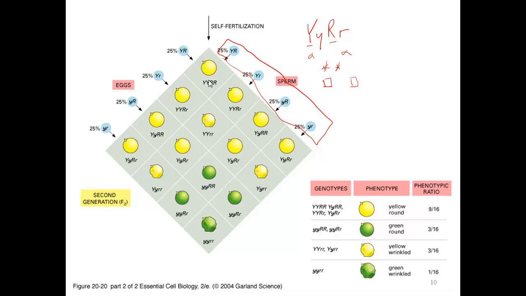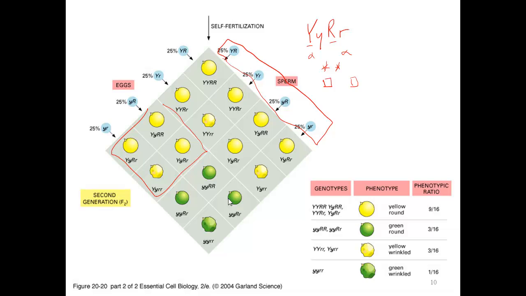And then those are written out along these 2 axes, and you do the multiplication. Now there are a lot of things that you can notice here. First, let's only look at color. You can see that just like in the previous experiment, if you consider 4 as a unit, it is a ratio of 3 to 1, yellow to green, just as in the case where we're only considering a single gene.